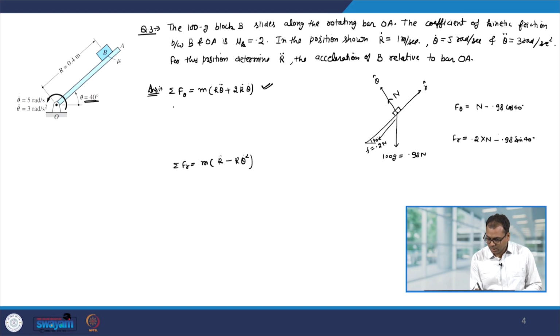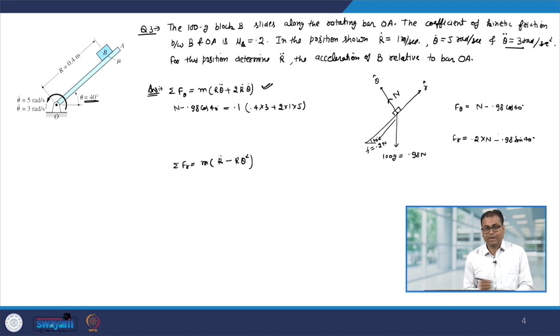So, we have f theta, which is n minus 0.98 cos 40 degree, equal to m is 100 gram, therefore 0.1, r is 0.4, and theta double dot is given, it is 3 radian per second square, therefore multiplied by 3 plus 2 into 1 into 5. So, this gives you n equal to 1.87 Newton, and now let us use the second equation.